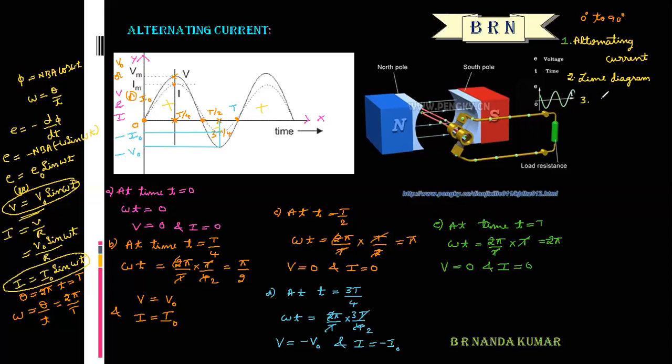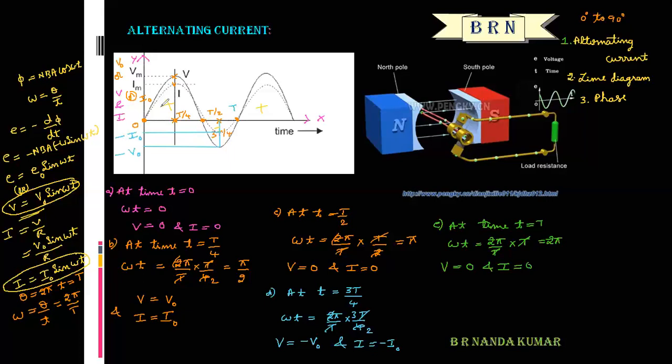So the next very important term is phase. What is the meaning of phase? Phase tells the state of a variable, say the current, with respect to another variable, say voltage. Okay, so that is the meaning of phase.